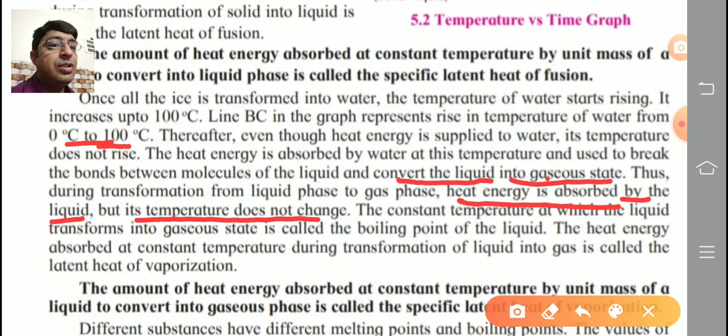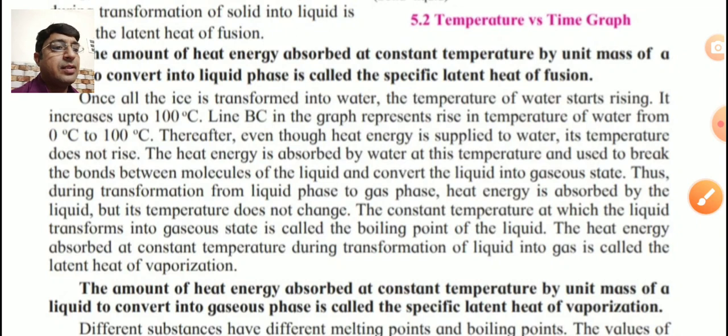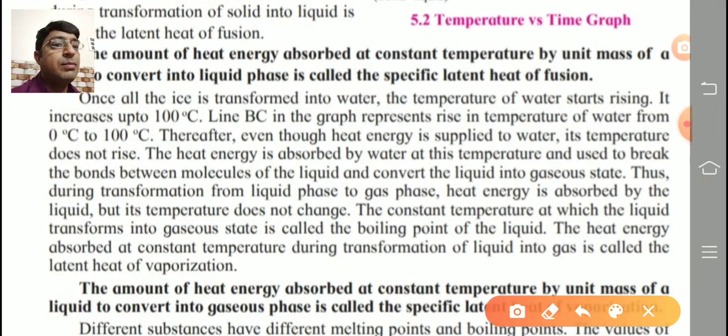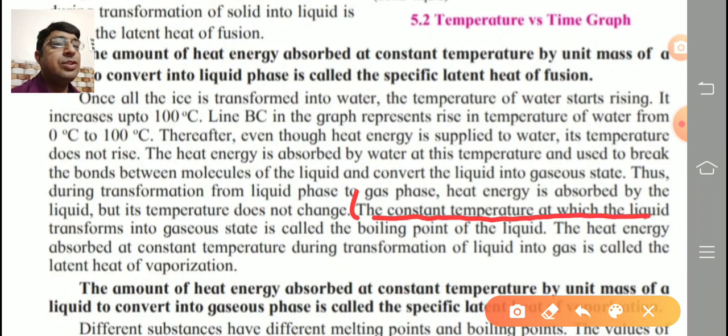So mark the definition. What is meant by the boiling point of a liquid? Your answer starts from here. The constant temperature at which the liquid transforms into gaseous state is called the boiling point of the liquid.